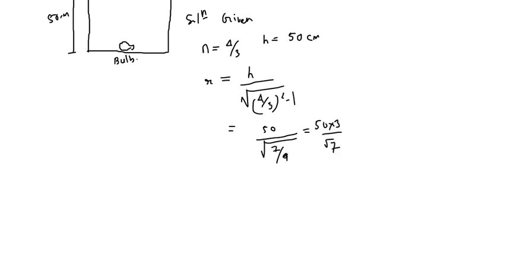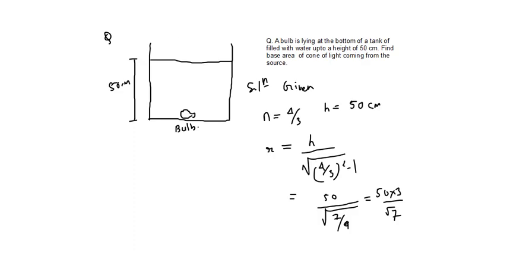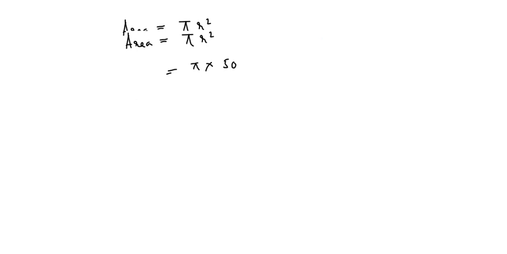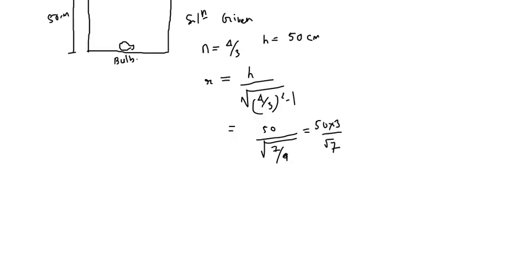Fine. Now let me go to the next page. So area would be pi into r square. So pi into 50 into 3 by root 7, into 50 into 3 by root 7, and root 7 into root 7 gives me 7.